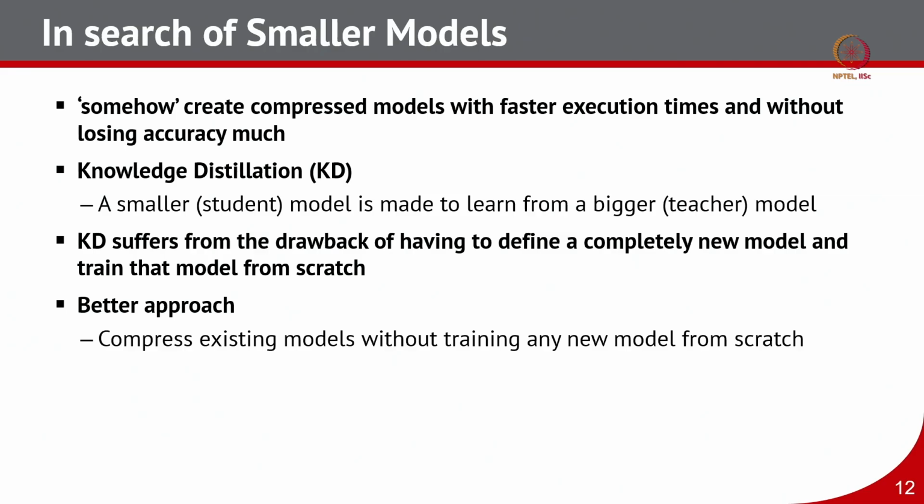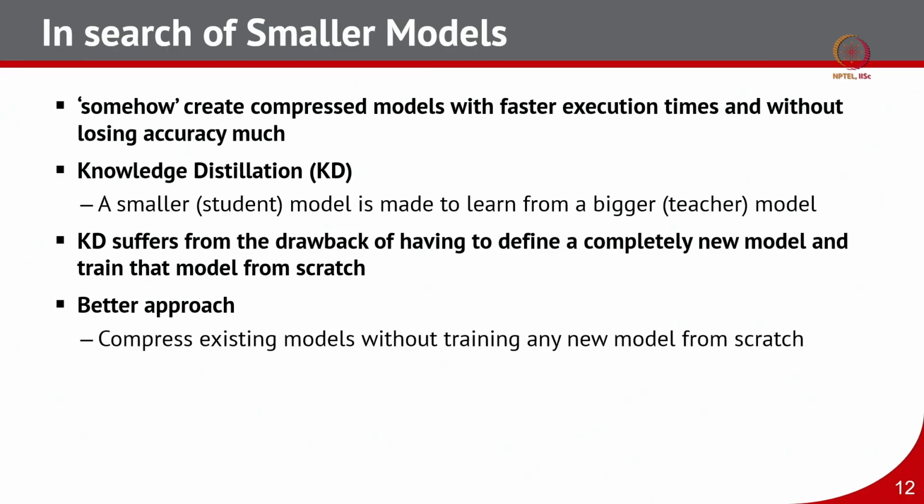Now the basic technique of DNN pruning is to somehow create compressed models with faster execution times without losing much accuracy. There are techniques called knowledge distillation, where a smaller model, known as the student model, is made to learn from a bigger model, known as the teacher model. But knowledge distillation suffers from the drawback of having to define a completely new model and train that model from scratch.